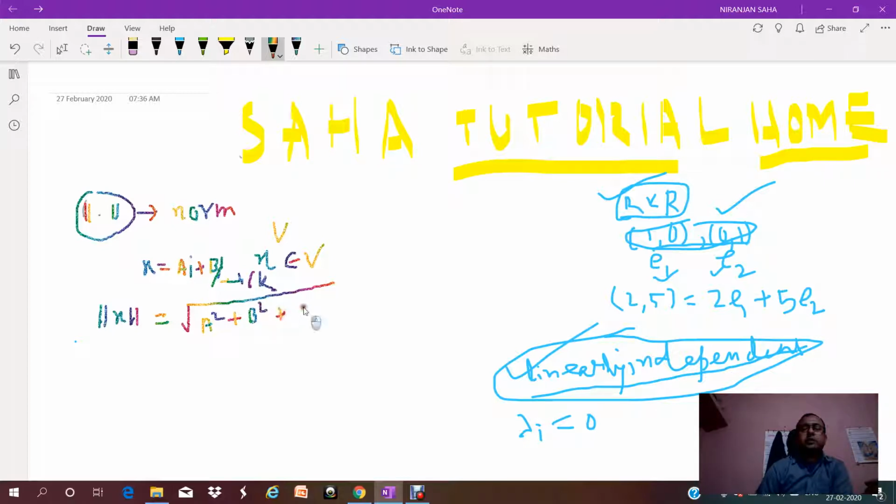So you can very easily see that this must always be greater than or equal to 0.